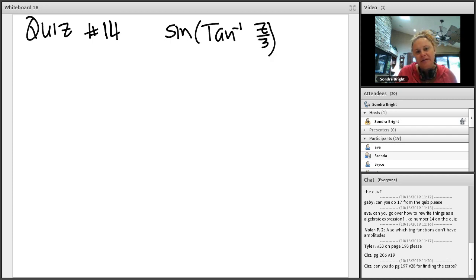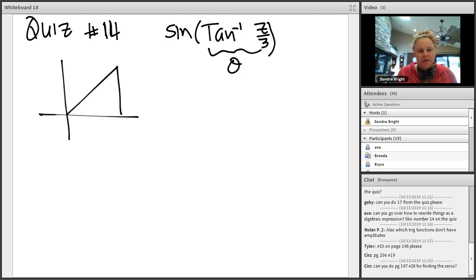Okay, so I'm going to let this guy be my theta. So I'm going to draw my triangle in quadrant 1. And tangent is y over x. So that means my x is 3 and my y is z. And this is my theta.